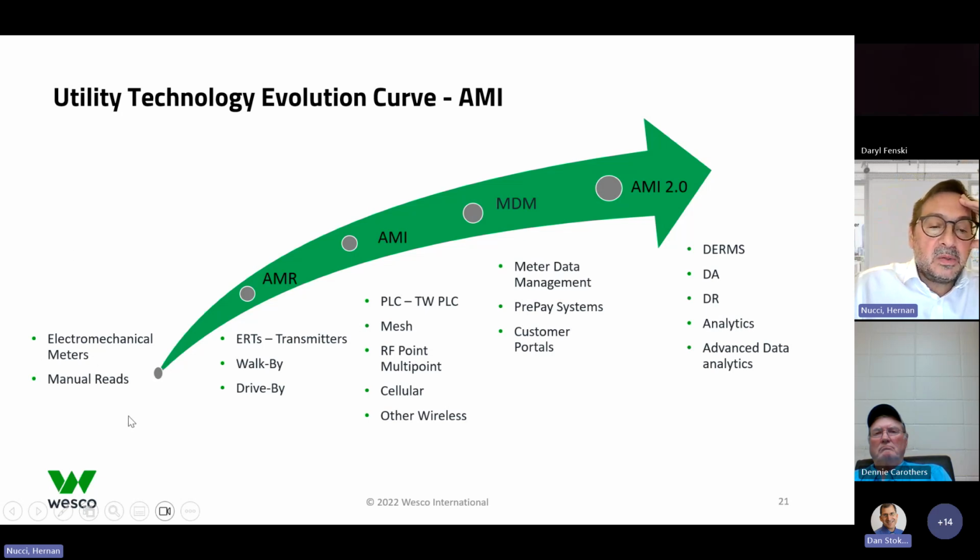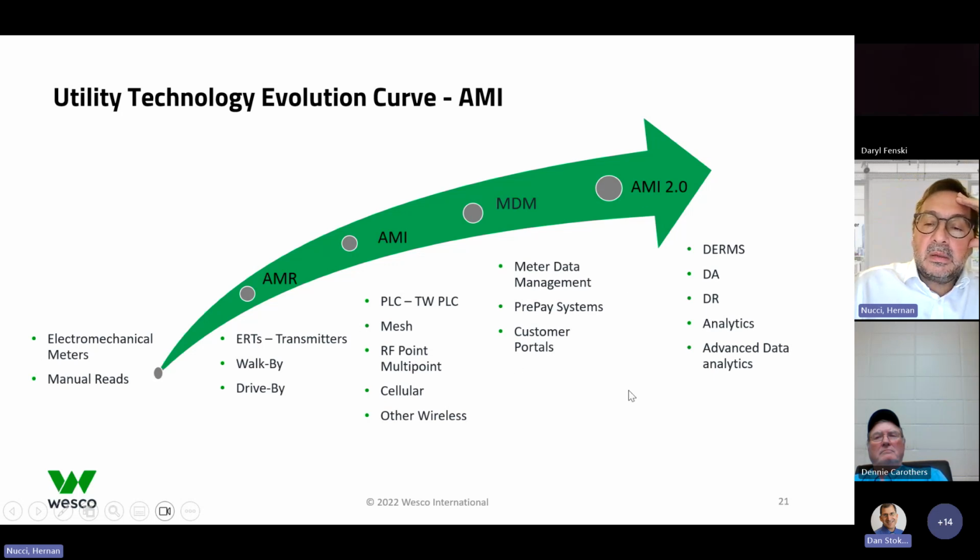Then we incorporated certain radios, and you generate these Hertz transmitters. We used walk-by, drive-by as a standard until suddenly we started having the AMI systems, PLC, two-way PLC, mesh. And a few years ago, we started having these software packages that enable new functions like prepay, customer portals.